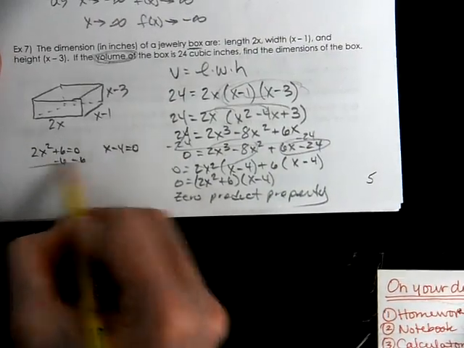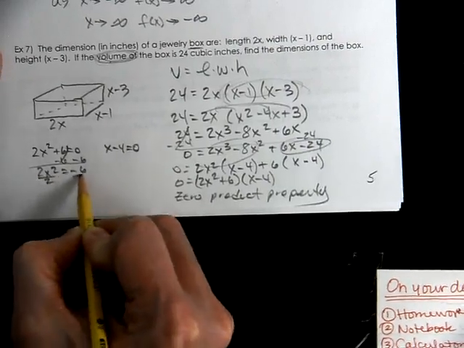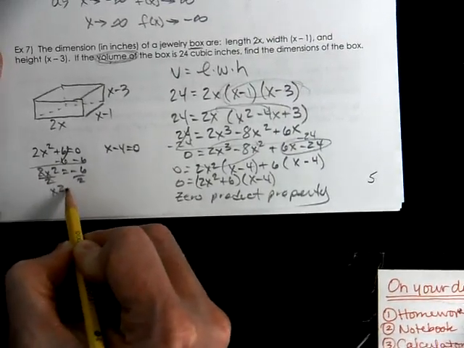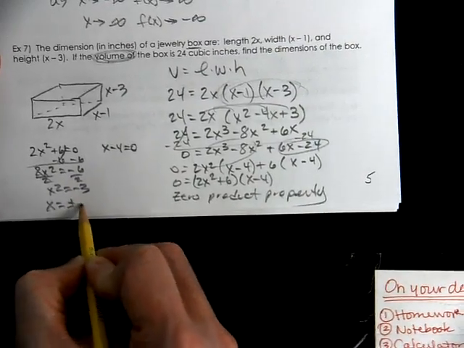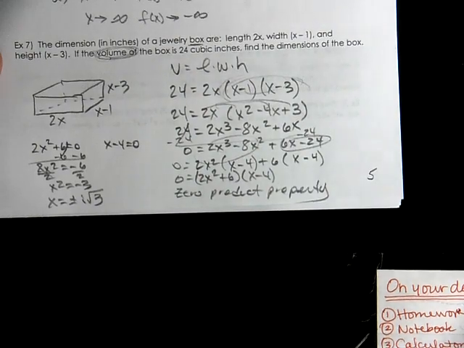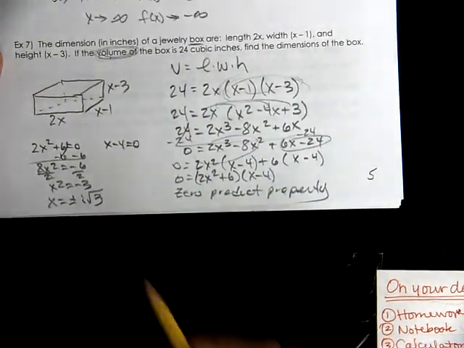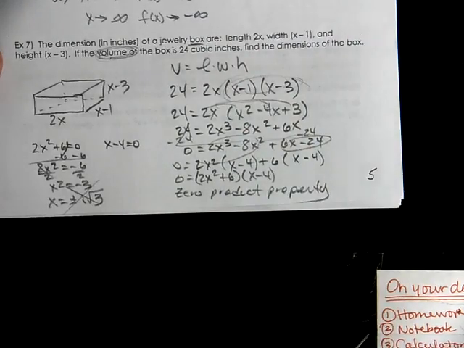So subtract your 6. 2x squared equals negative 6. Divide by 2. X squared equals negative 2. And when we take the square root of both sides, we're taking the square root of a negative, which means we have to say I root 3, which means this is an imaginary answer. It's not a real one. We only want the real ones in geometry.